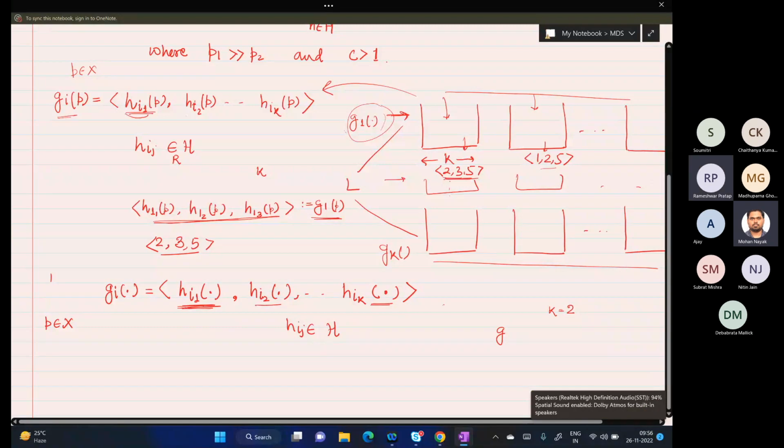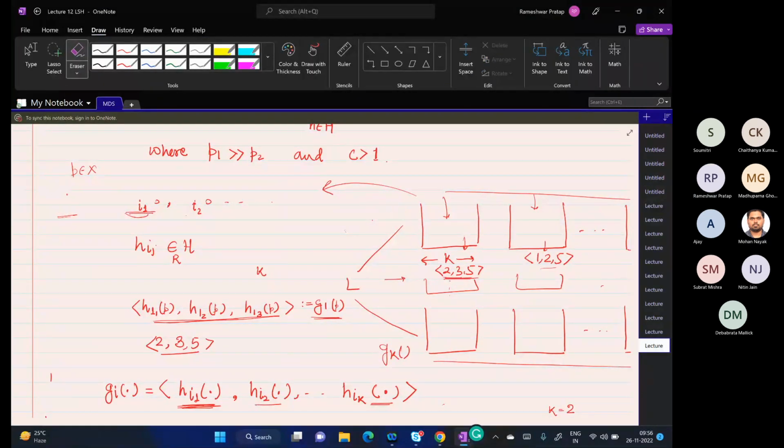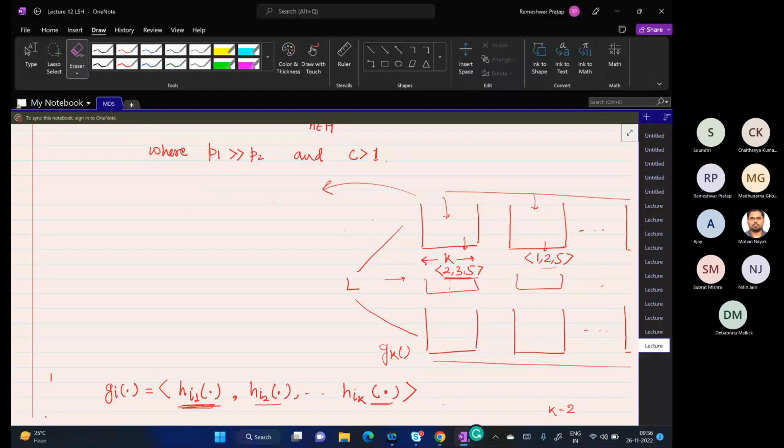That's our target, right? So we will be calculating H_i1, H_i2, and H_iK, and whatever key it generates, we enter that one into that specific bucket. Yes.